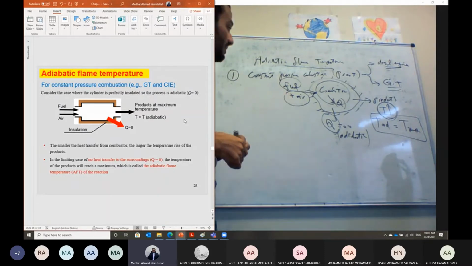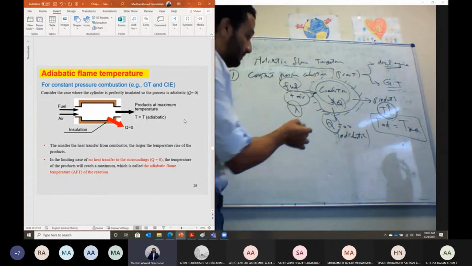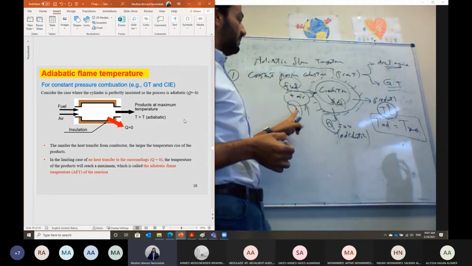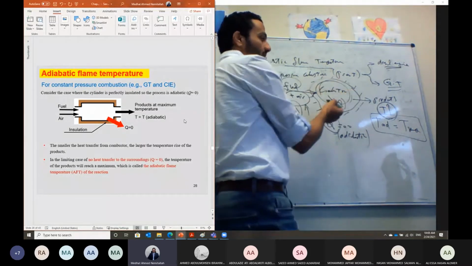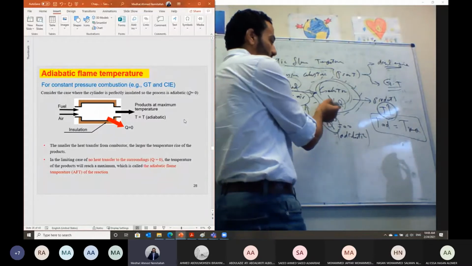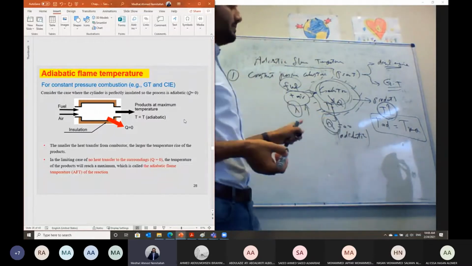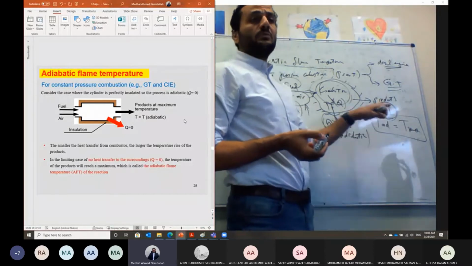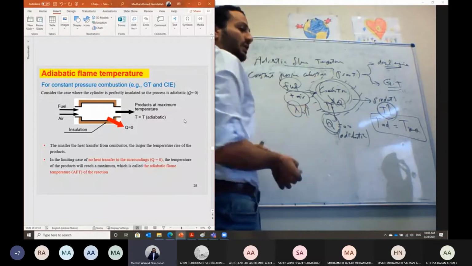Because if we vary lambda, the excess factor of the air, and it is increased, that means part of this air will be used in the combustion, and the remaining part will act as a diluent inside the combustion chamber. This diluent will reduce the temperature. Even if the combustor is adiabatic, the adiabatic flame temperature will be less than in the case where lambda is equal to 1, or stoichiometric.